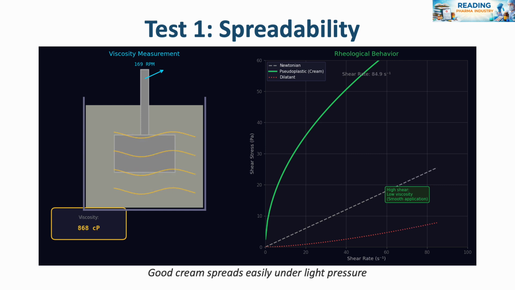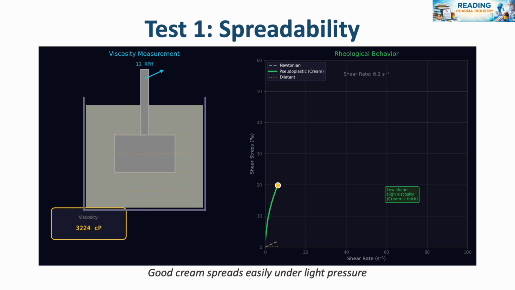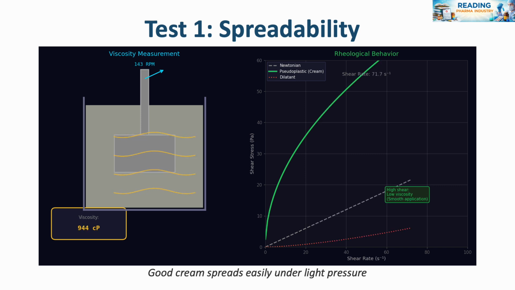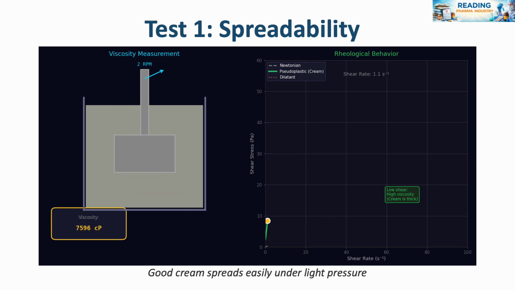A way we can test this is to apply some known amount of a cream, and we apply some spreading tool to measure how much of the cream will spread, and this is often related to the viscosity.